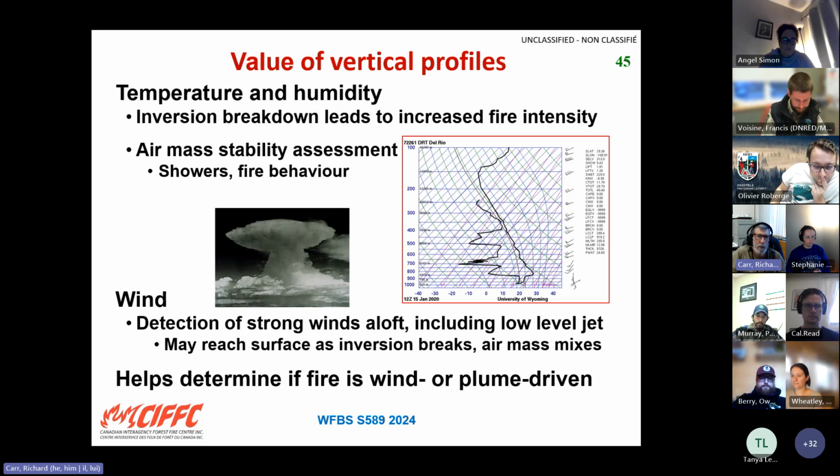Air mass stability assessment, showers or fire behavior, we've talked about that a bit. Wind, I've gone over a little bit of that already, and of course, with any mixing, inversion breaking, you can get that wind or drier air mixing down to the surface. So it all helps determine if you might get strictly a wind or a plume-driven fire.